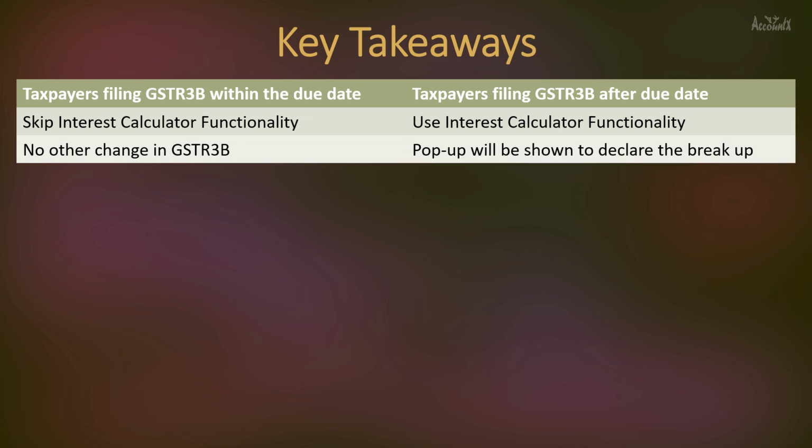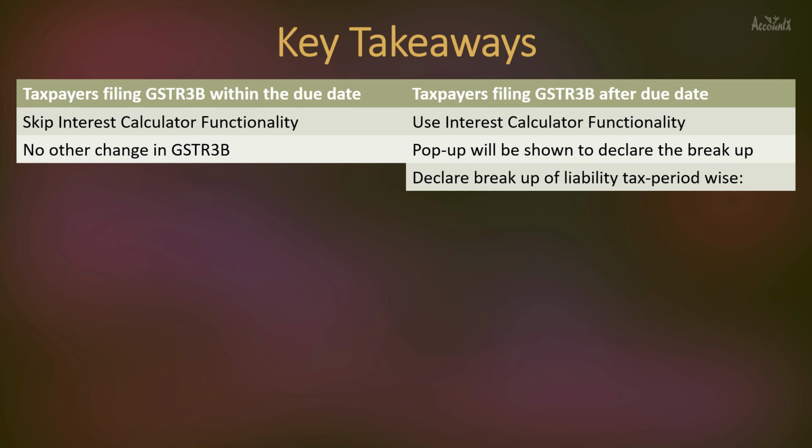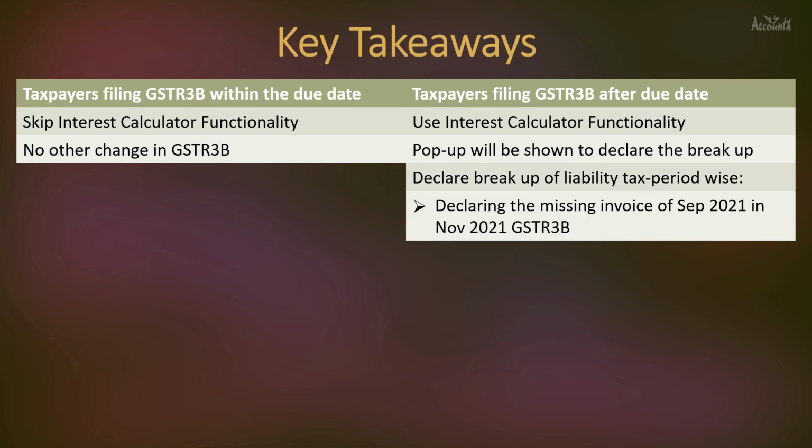You would get a pop-up to declare the breakup of the liability. You can select yes to declare liability for any previous tax periods and declare breakup of liability tax period wise. Considering our earlier example, for declaring the missing invoice of September in November GSTR3B, you can use this functionality and specify the breakup of liability for September and November.